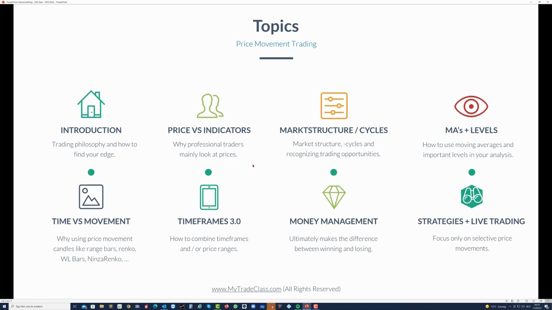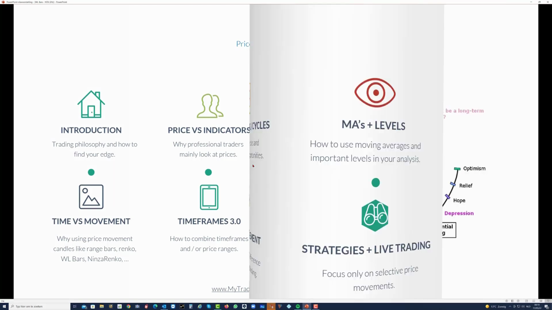How do we combine time frames, or which time frames or ranges do we combine and why we do this. Money management, how we can apply correct money management with, of course, these VL bars, also with other bars, of course, with time candles, but why it makes a lot more sense for day traders to do this with VL bars. And of course, there are lots of strategies and tools and live trading involved in this course.